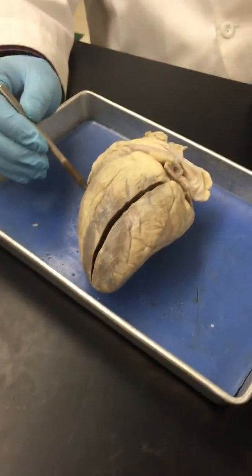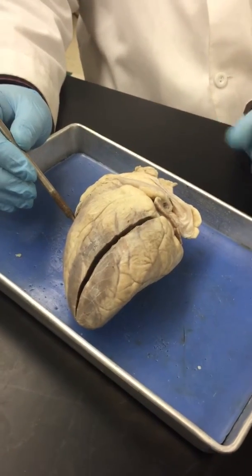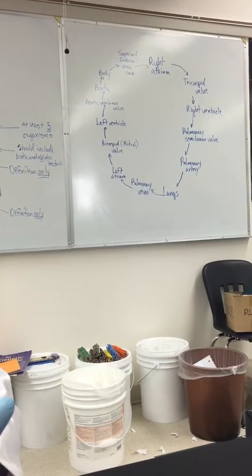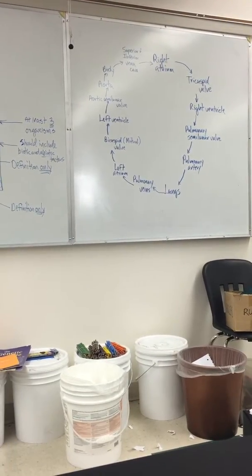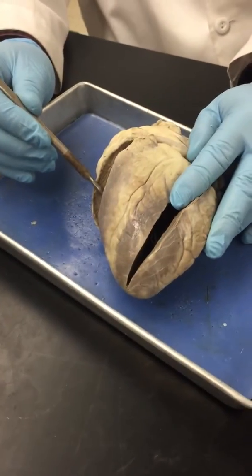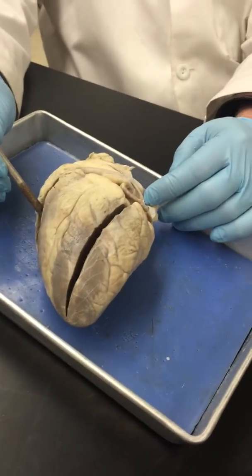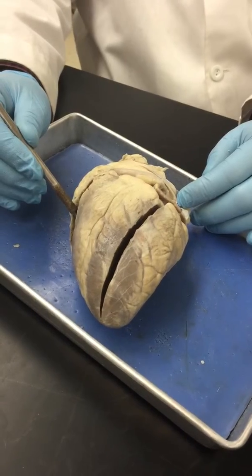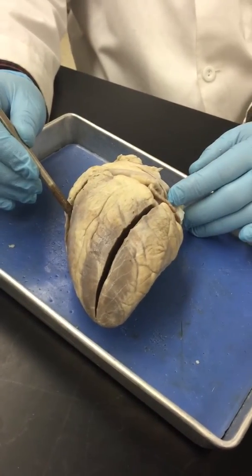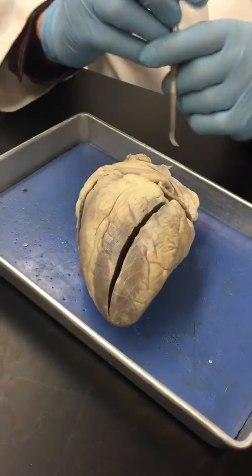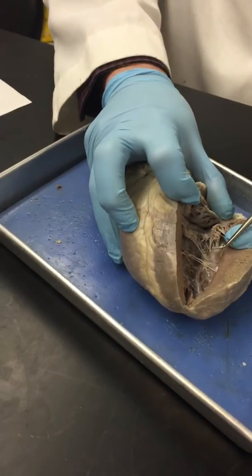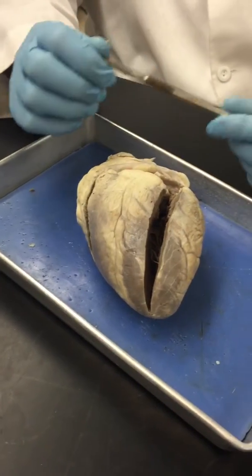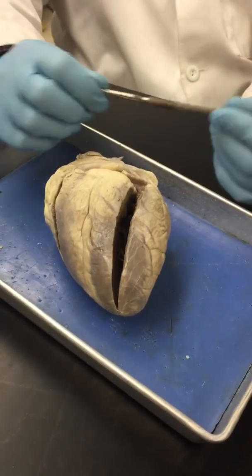What valve closes? The tricuspid, right? So I would ask a question like that. Or when this chamber contracts, what blood vessel does the blood go through? That's right. So just be aware of questions like that, in addition to the parts. What's that? What are these? That sort of thing. That's what the practical is going to be like.